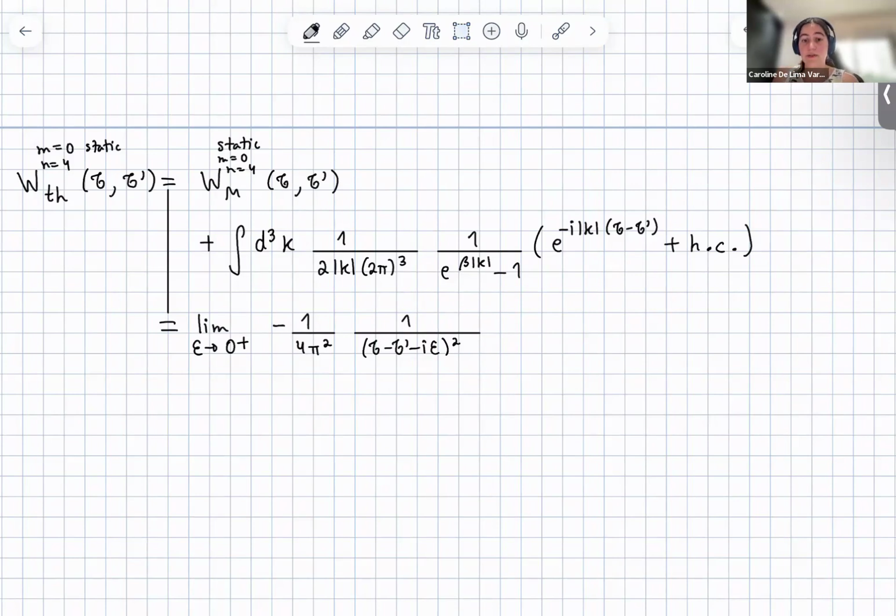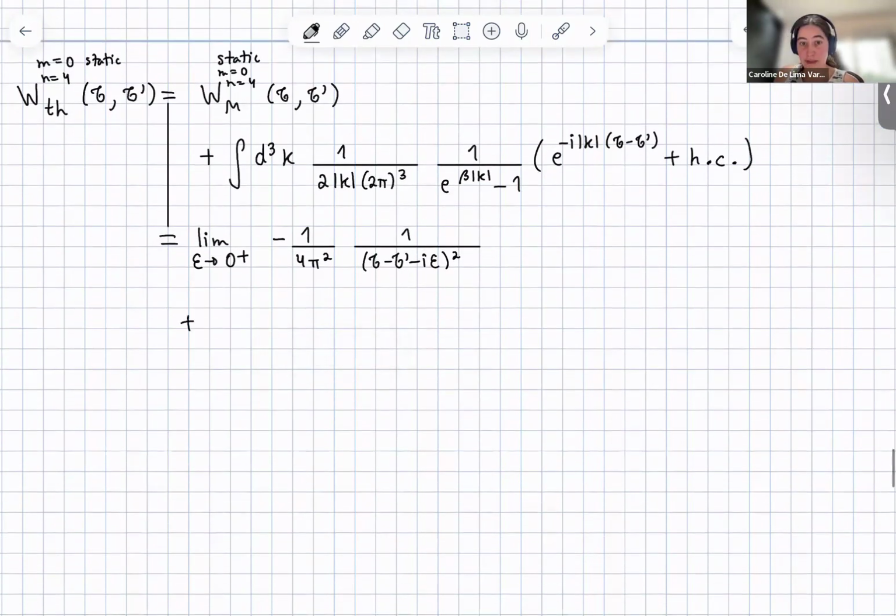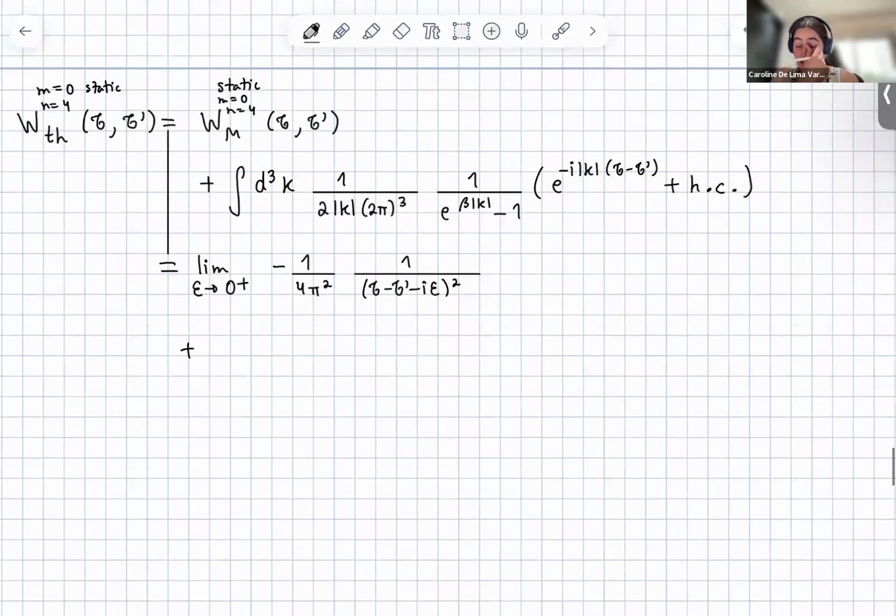So now if you were to compute the other part, I can give you maybe one more step here, which would be that if you were going to change to spherical coordinates as well, as we did before, and then when you compute, you're going to get some 8 pi times the integral between 0 and infinity of dk times k times 2 over 2 pi cubed.